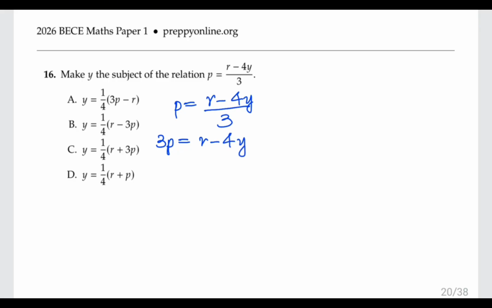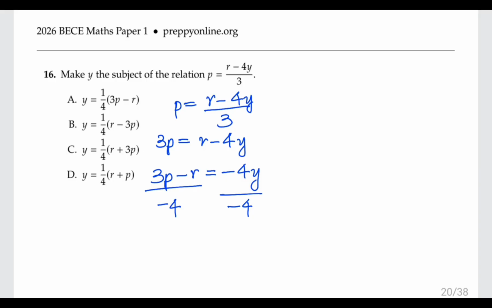Then, to let y stand alone, we can subtract r from both sides. If we do that, we get 3p minus r equals minus 4y. Then, again, to make y stand alone, we can divide both sides by negative 4. If we divide this by negative 4, divide that by negative 4, what do we get?